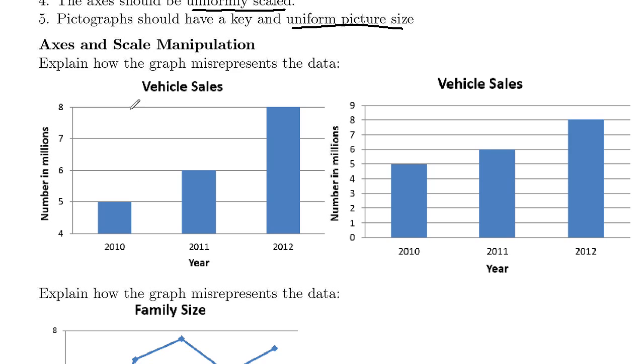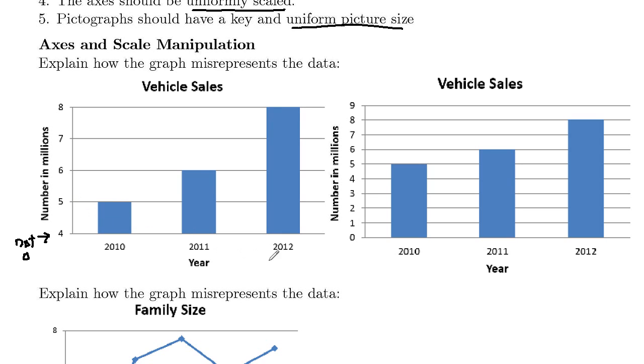1, 2, 3, 4. These are equally scaled, but notice it did not start at 0. That's called a baseline change. What it does is make this 8 million look like it's 4 times as big as 5 million, so it makes it look like there's a larger difference than there really is.